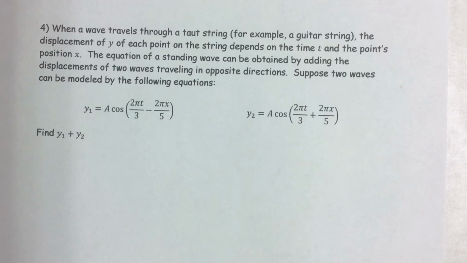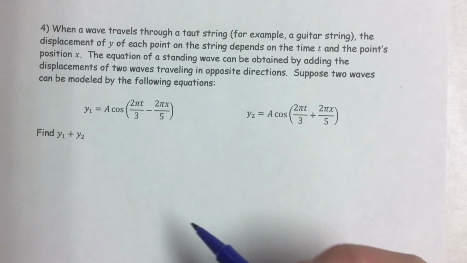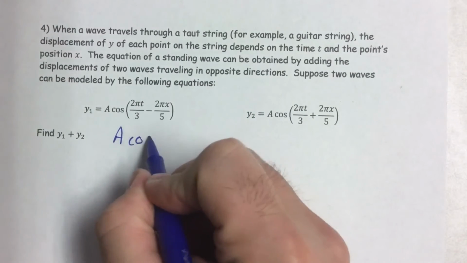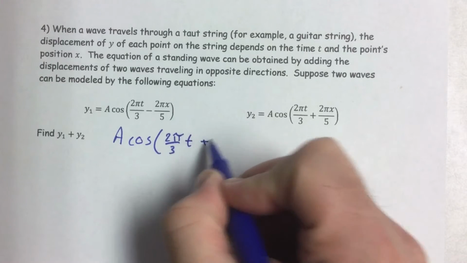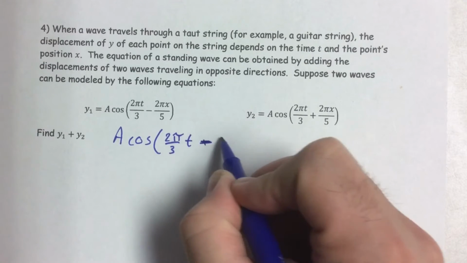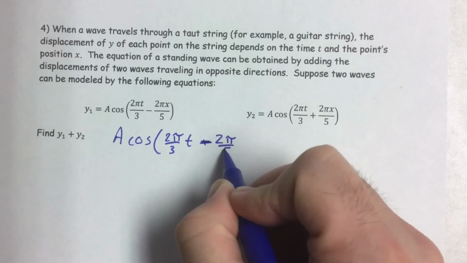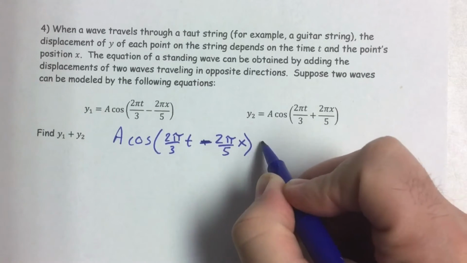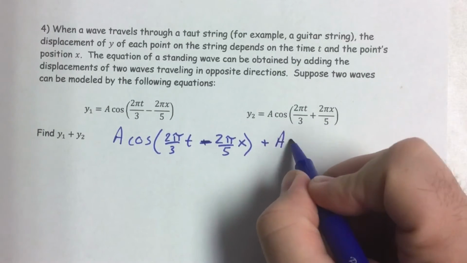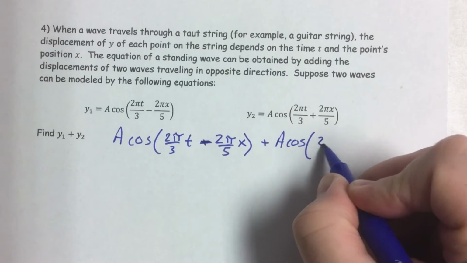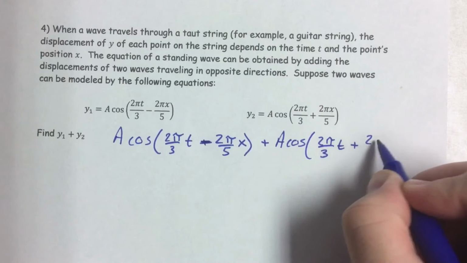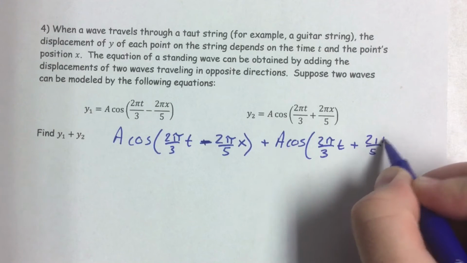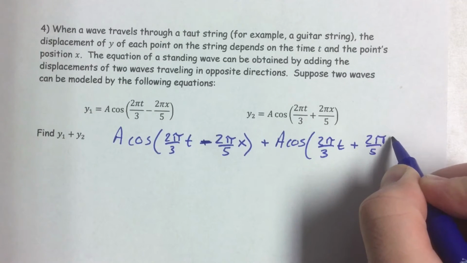Let's first just write that: a times cosine of (2/3 pi t minus 2/5 pi x), adding that with a times cosine of (2/3 pi t plus 2/5 pi x).